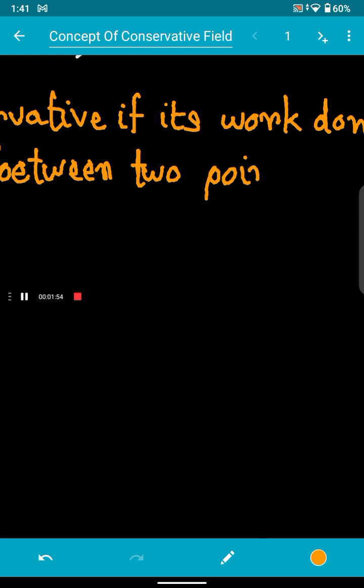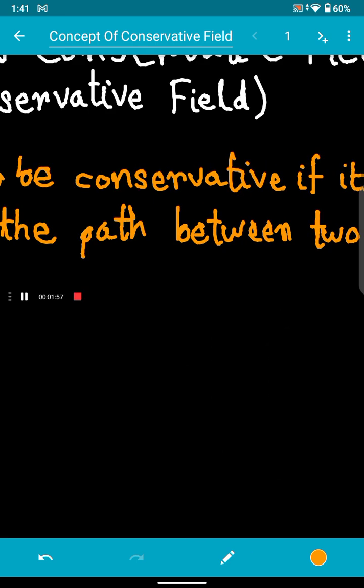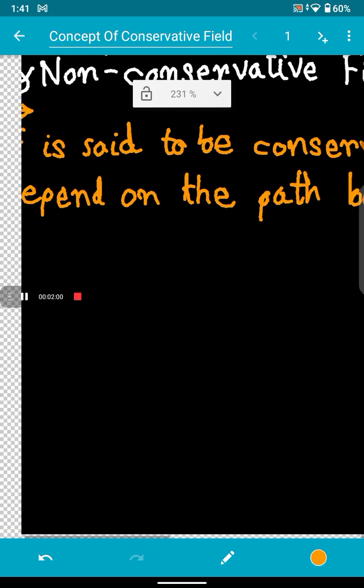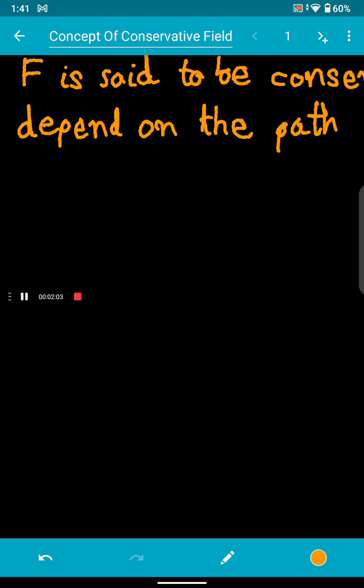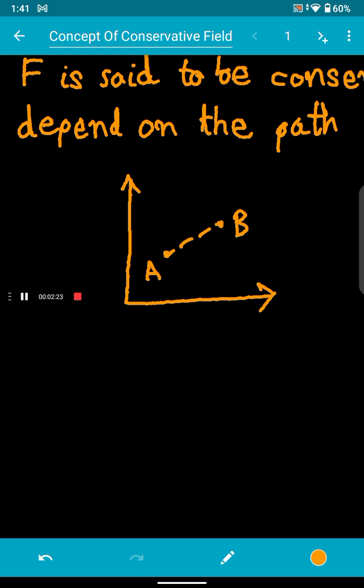If this is a field given, let us assume that we have 2 points A and B. We have infinitely many paths which we can follow from A to B. We can follow the straight line one, let's say this is L. We can follow this curve, let's say it's C1.